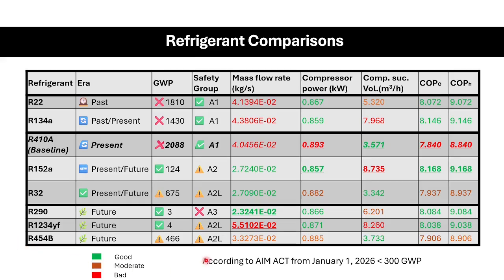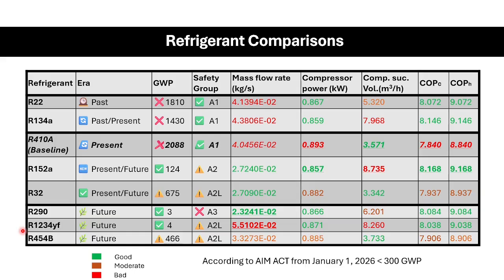According to the American Innovation and Manufacturing Act, the AIM Act of 2020, from January 1st, 2026, refrigerants with less than 300 GWP will be allowed to use in HVAC&R. For that case, we are only left with three options from the future, and these are R152A, R290, and R1234YF.